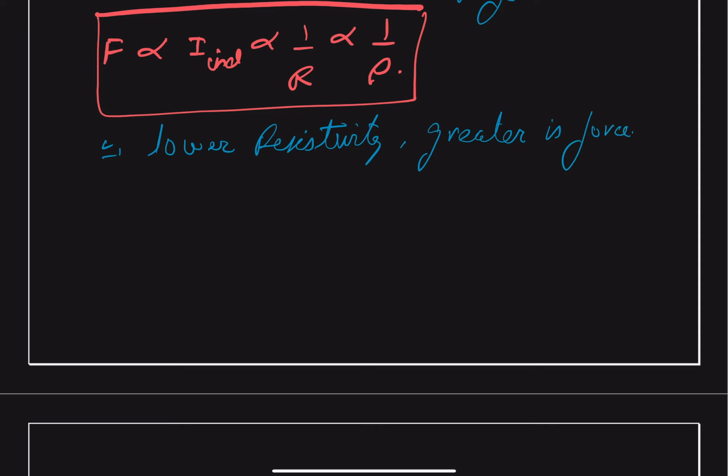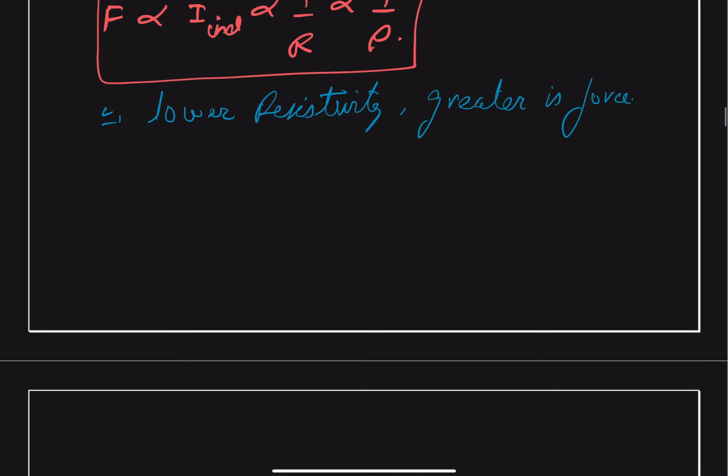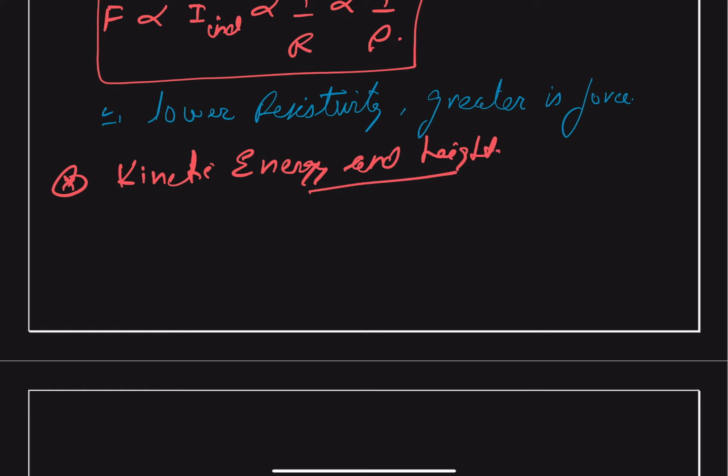Now, because they are going to jump, we can find the relationship between kinetic energy and height. The work done by the force F over a small distance delta Z converts to kinetic energy.